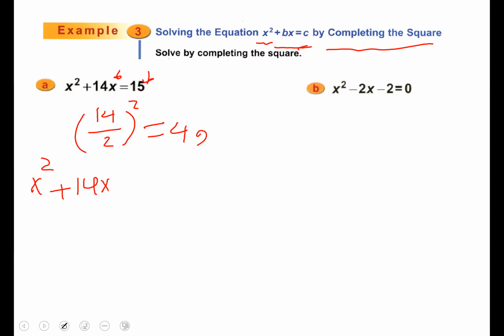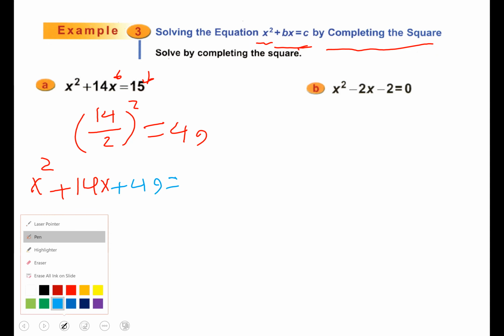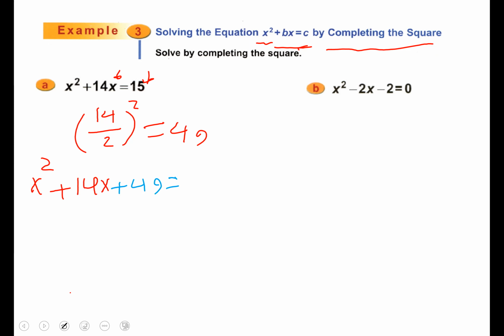And also plus 49 on this side, equals 15 plus 49. We're going to add 49 to both sides. And you see, guys, this becomes a perfect trinomial. This is a perfect trinomial.